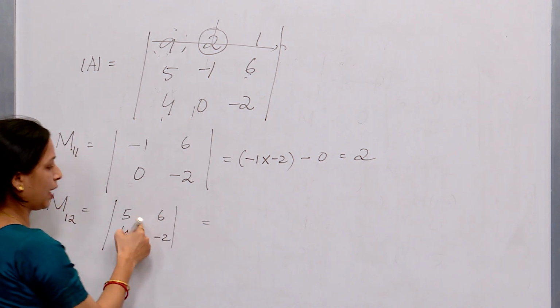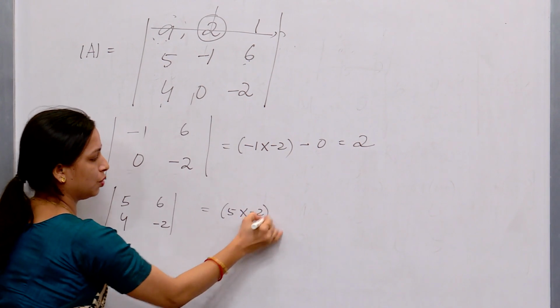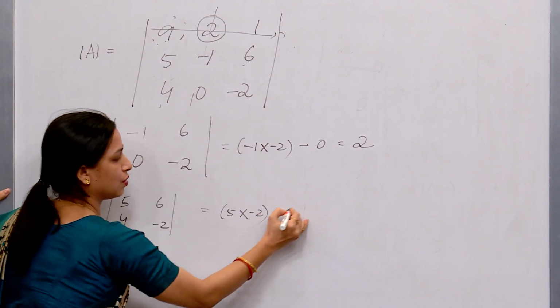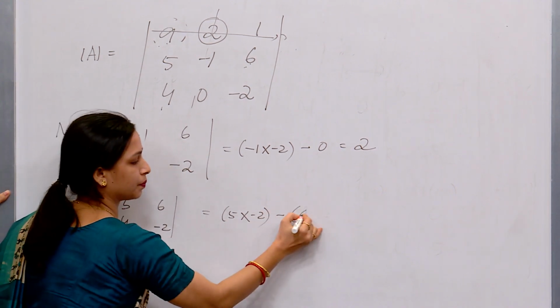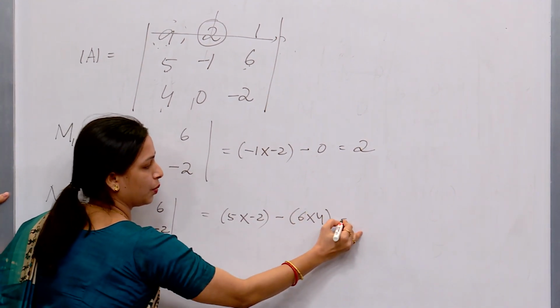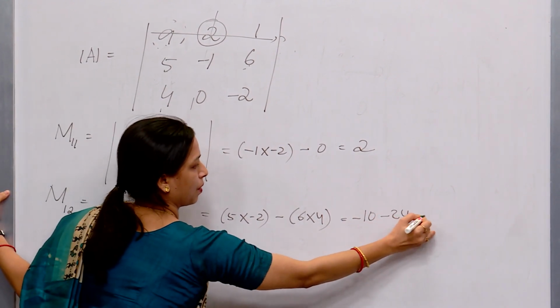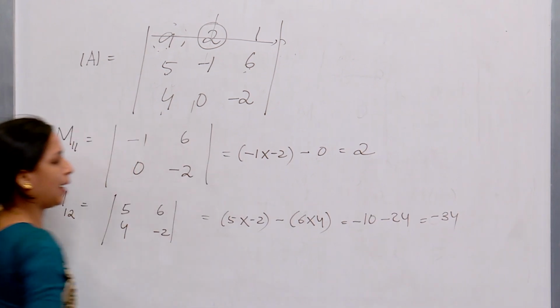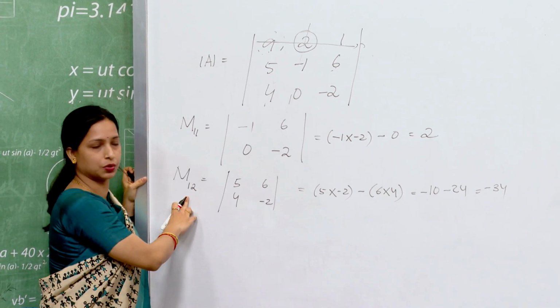Now, I cross multiply. So, 5 with -2 and then the difference of the opposite diagonal, 6 into 4. So, what do I get? -10 minus 24, which is -34, right. So, this is the minor of A12.